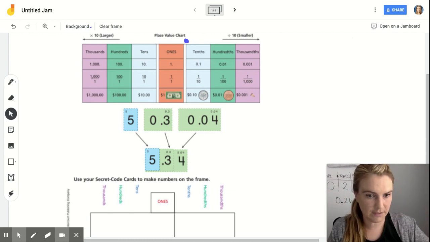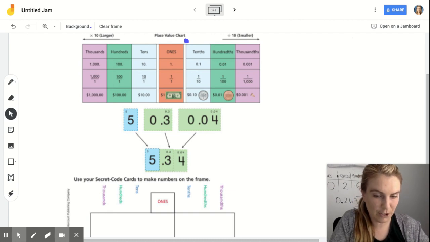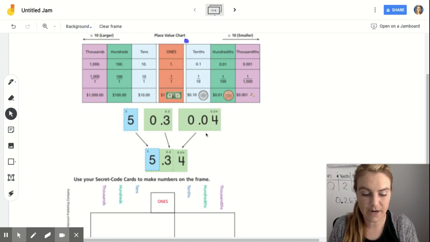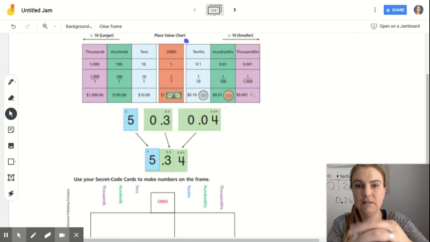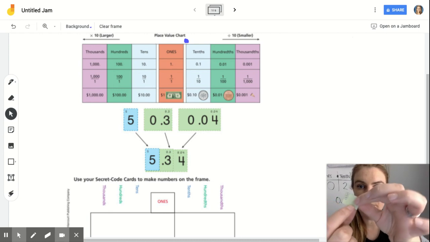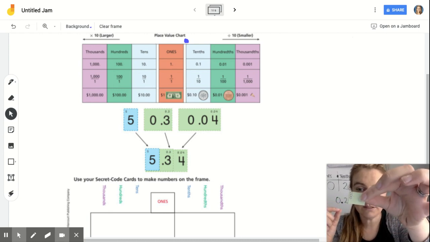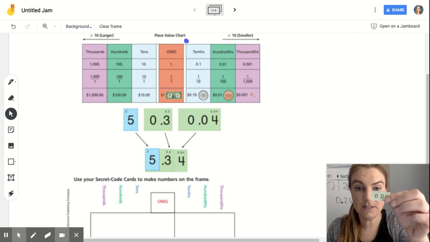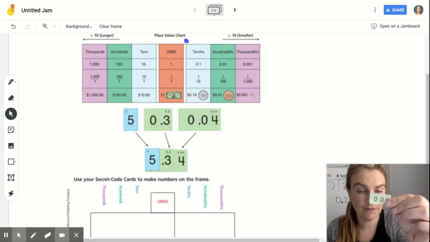So 5 ones. And then go over to your green cards, and I want you to find 3 tenths and 4 hundredths. And 3 tenths looks like this, 0.3. On the back, it has 3 dimes. And then 4 hundredths, you're going to look for the card that's 0.04.